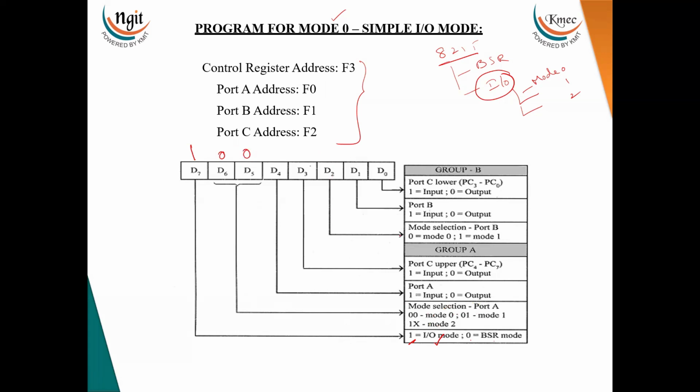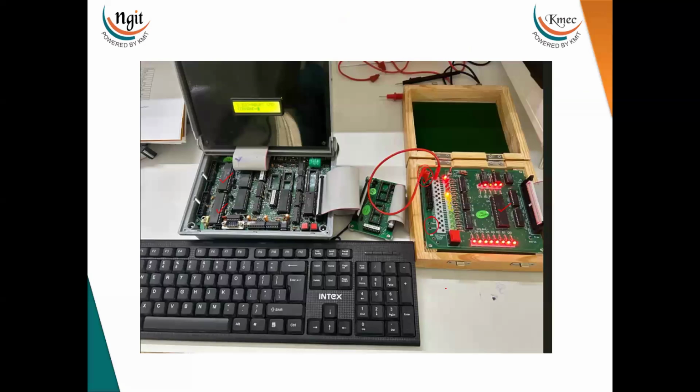And for port B, it is also mode 0, so put 0. The D4 bit decides whether port A is used as an input port or output port. Here I set some data on port A, the microprocessor should read this data, and the microprocessor should send this data to port B. Means what?